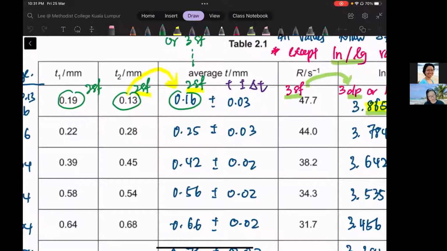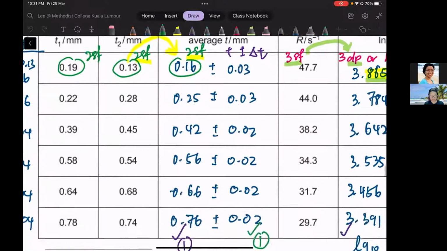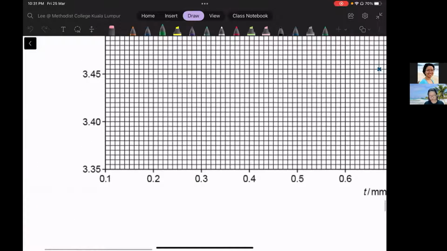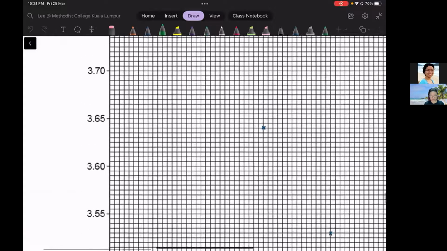So error bars can be horizontal, they can also be vertical. Don't get it into your brain that error bars must be a certain orientation. In this case, it's 0.03 for the first one, and then 0.02 for all the rest. So it makes it quite easy to draw. 0.03 is 3 boxes, left and right.